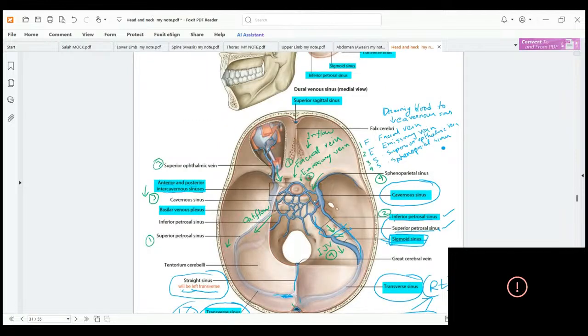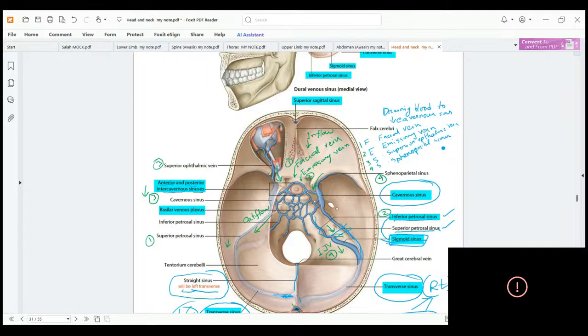Now, inflow from the facial vein, emissary vein, superior ophthalmic vein, and sphenoparietal sinus.